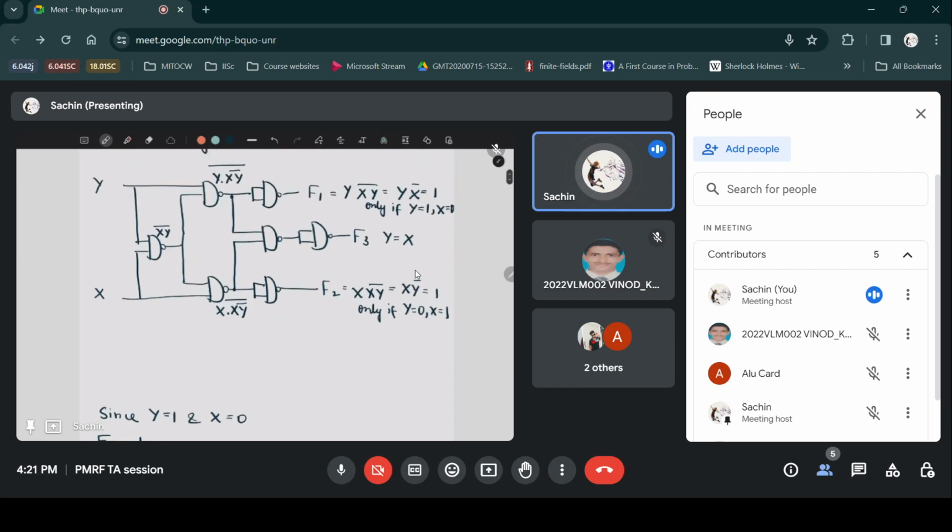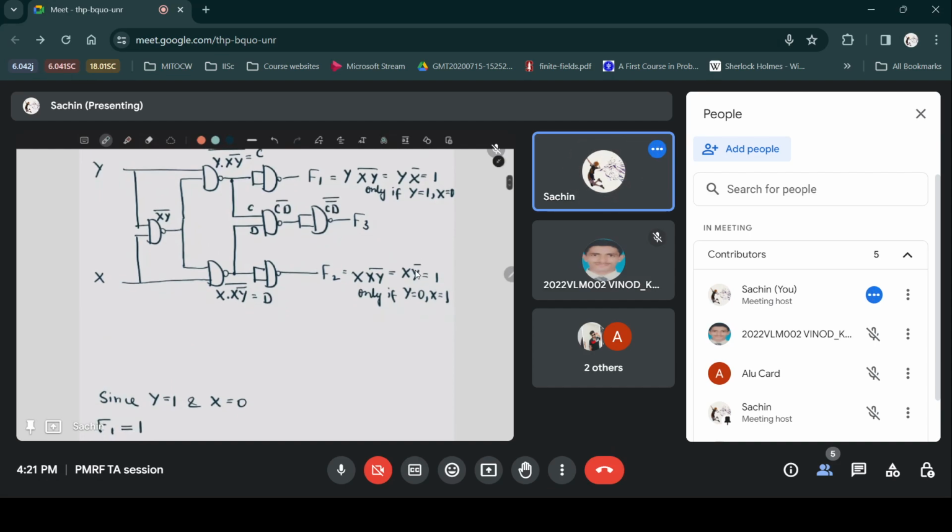Now the final thing remaining is f3, and f3 is, so let's call this c and let's call this d. So what's coming here is c, here is d, it's c d complement. This is a NOT gate, so it's called c d complement whole complement.